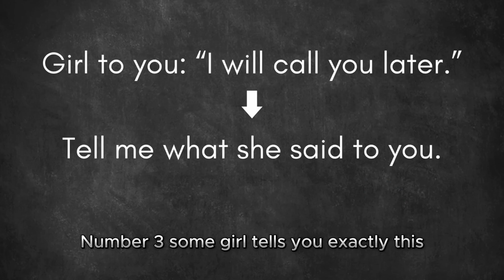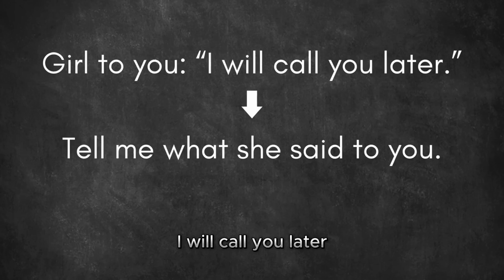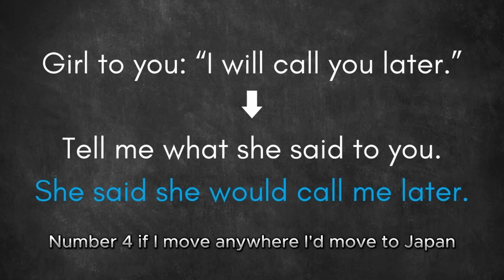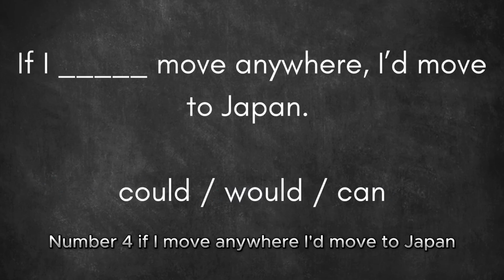Number 3, some girl tells you exactly this. I will call you later. Tell me what she told you. She said she would call later. Number 4, if I move anywhere, I'd move to Japan.